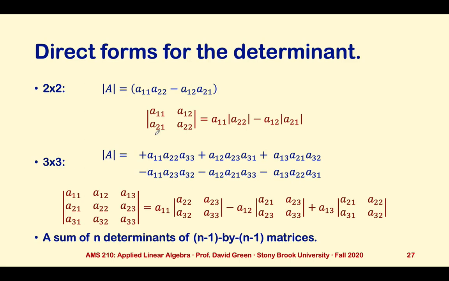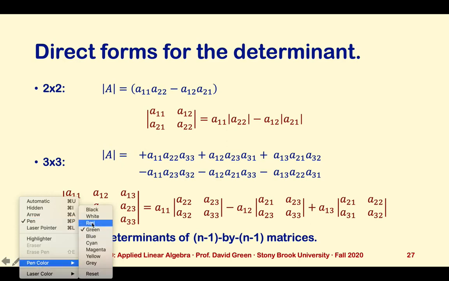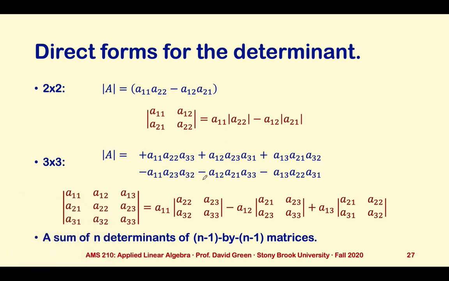Are there other ways that we can give direct expressions for the determinant that do not involve memorization or elimination? Let's go back to the original 2x2 and 3x3 formulas, and see if we can understand them a little bit better.